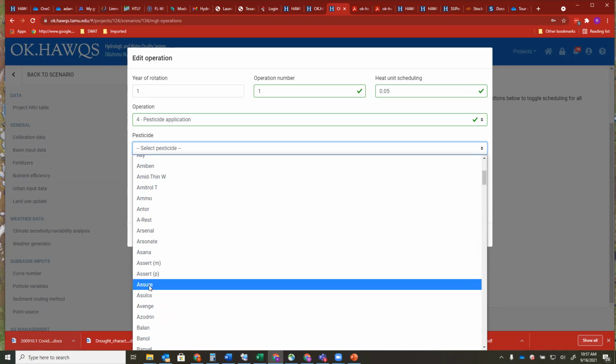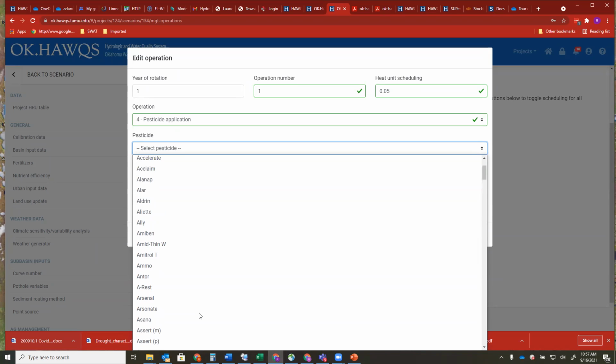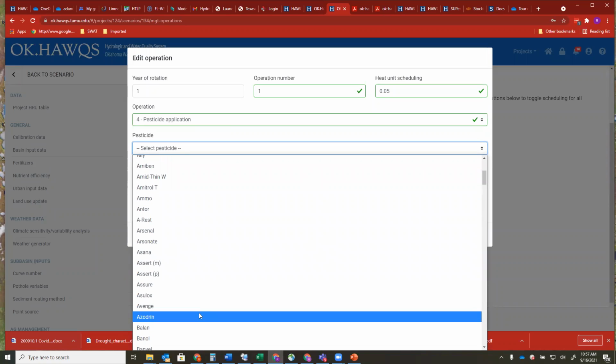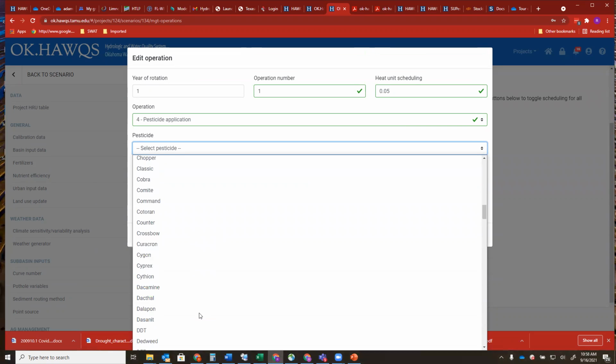Atrazine. Sometimes the trade name is different than the technical name here actually.